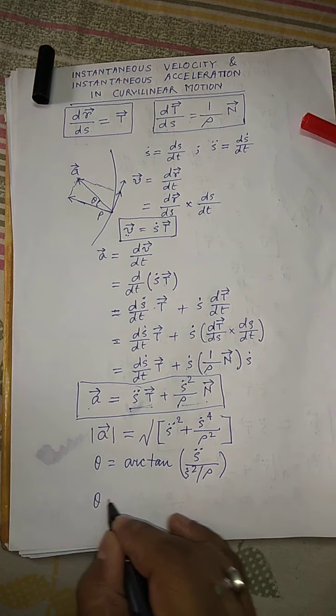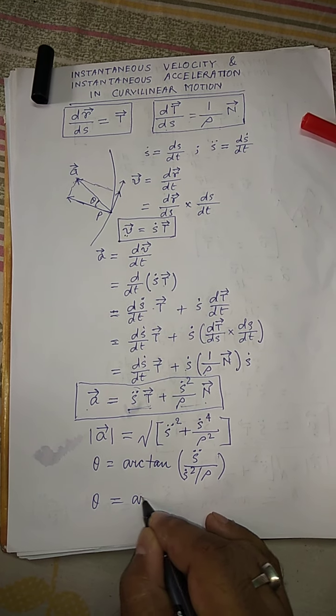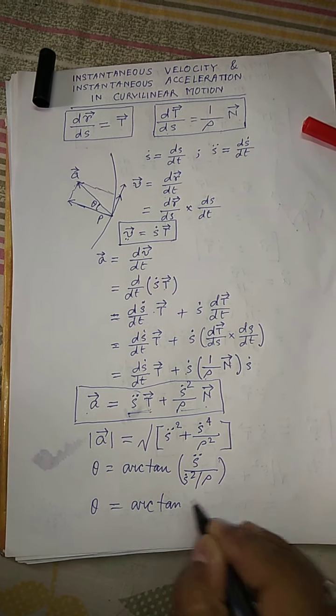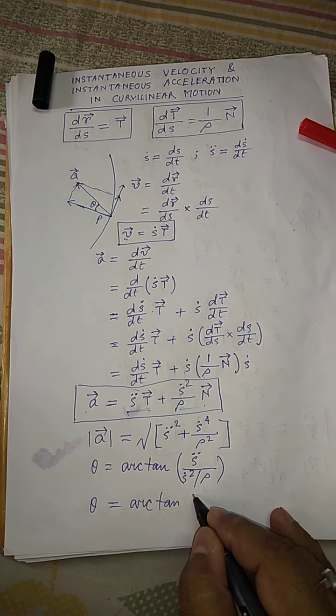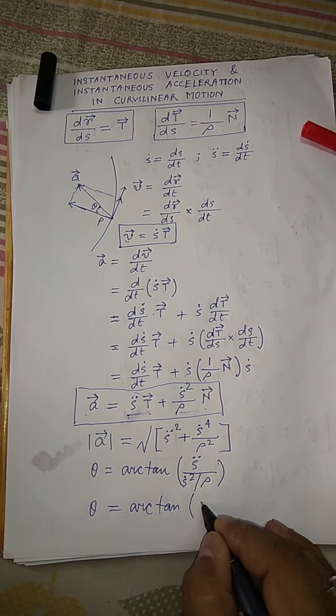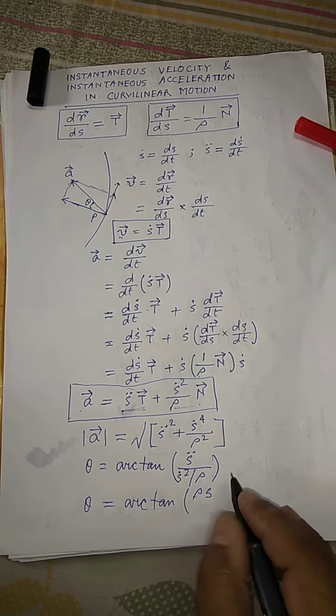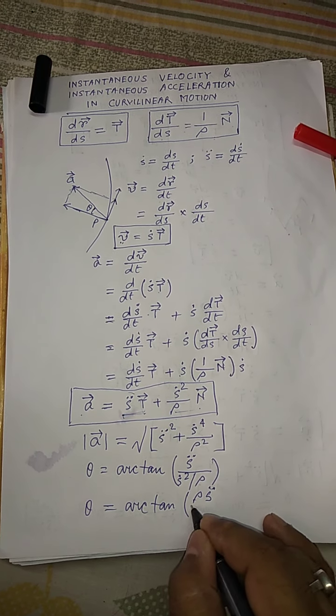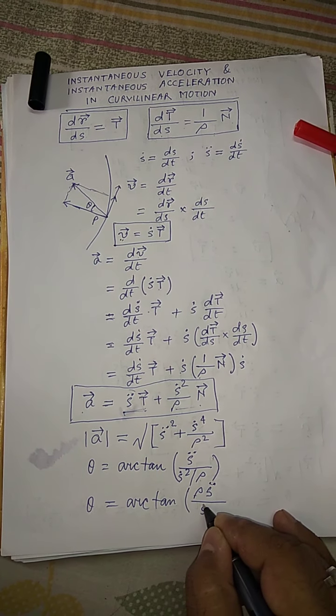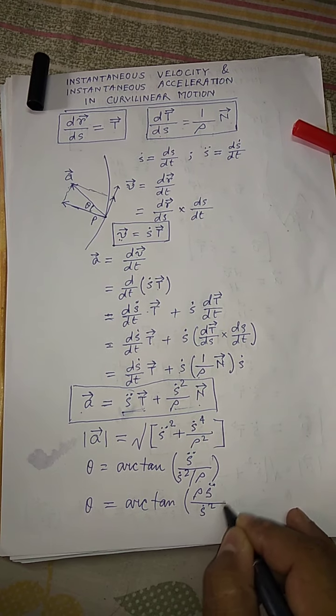And finally we write theta is equal to arctan of rho s double dot divided by s dot squared.